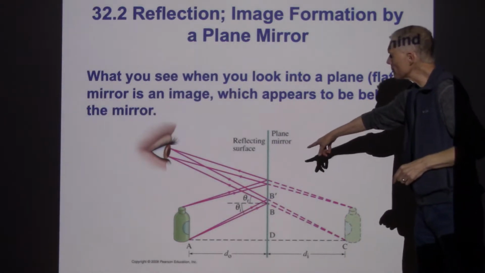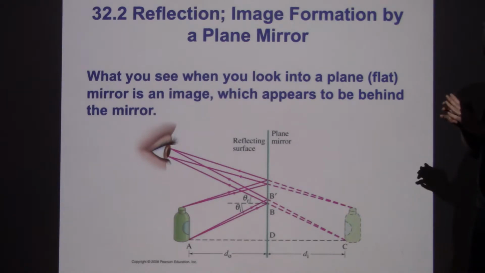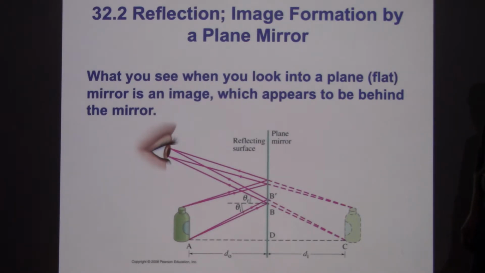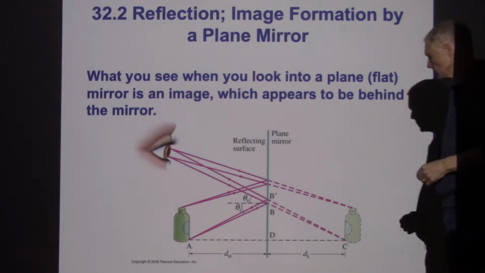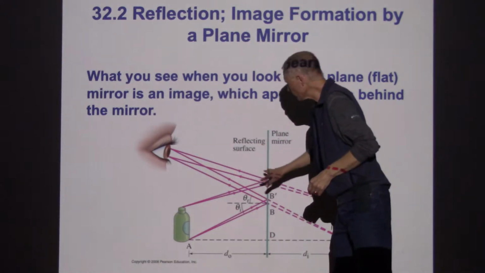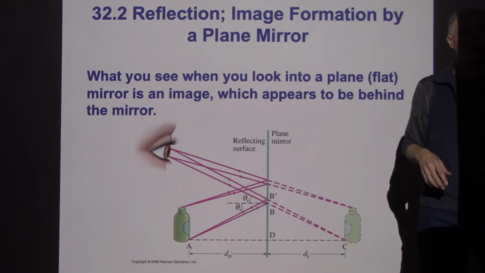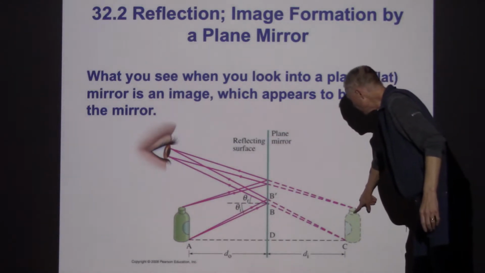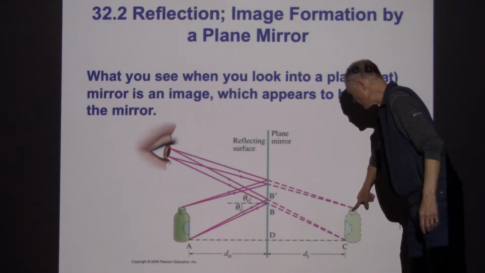After striking the mirror, the light is continuing to spread away from the mirror, but it's headed in a new direction. It's been redirected. And what happens when we come off a mirror is that the pattern of the light coming off looks as if it's coming from a different location. And that different location we refer to as the image.